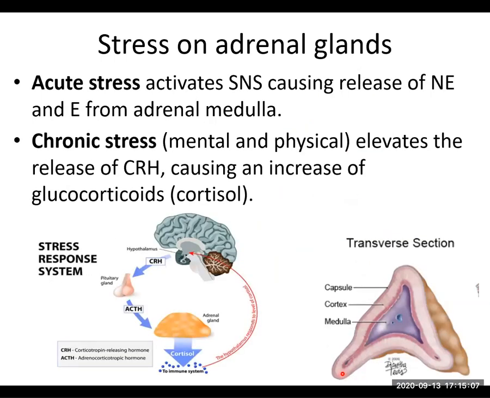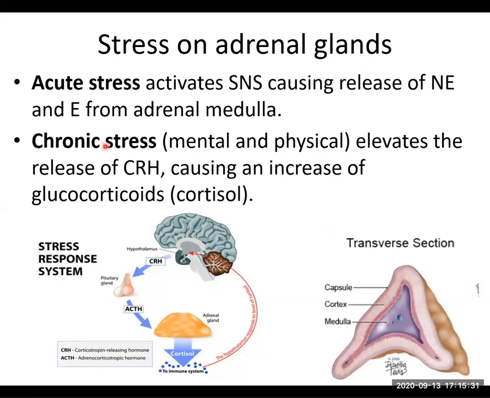So our body responds to chronic stress versus acute stress differently. If it's acute stress, it will activate the sympathetic nervous system to cause the release of norepinephrine and epinephrine, the catecholamines, from the adrenal medulla.